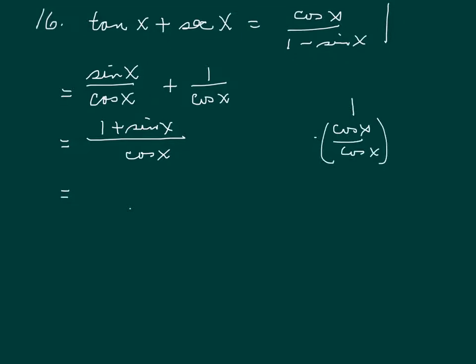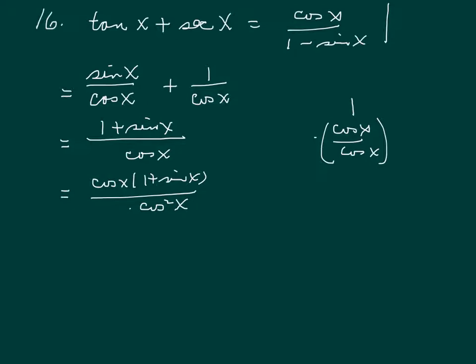Which is just 1, so I can multiply this by 1. And have cosine x over 1 plus sine x over cosine squared x. Now I have the cosine x on top, but I have 1 plus sine x and 1 minus sine x here.